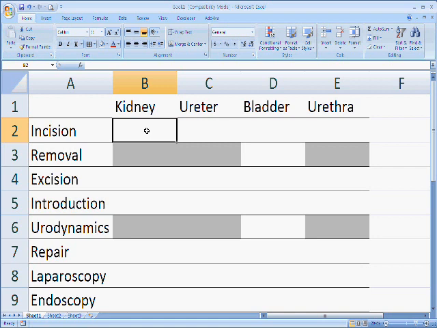You'll run into simple pyeloplasty and a complicated one. I believe that's in the CPT texts. For more details on the difference between the two, read the CPT book.